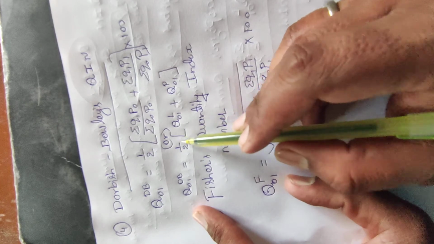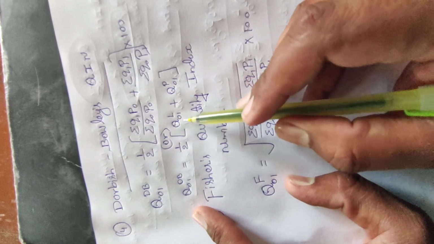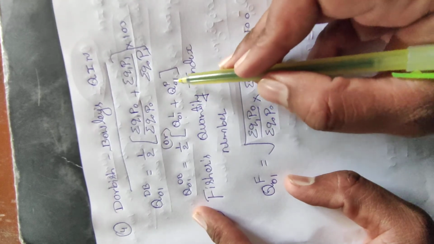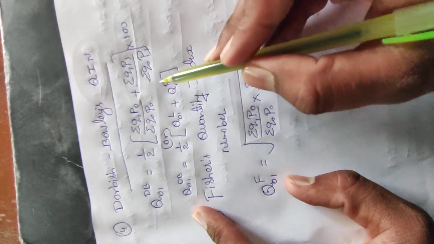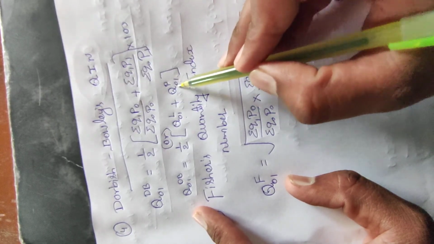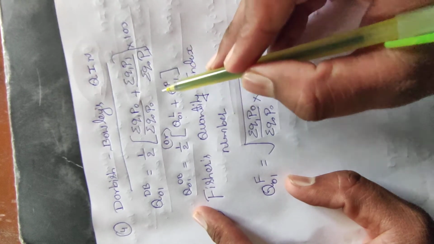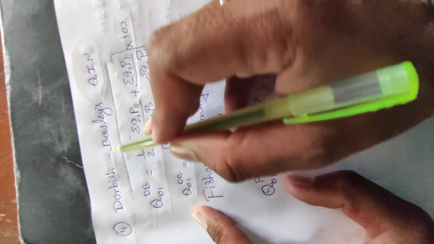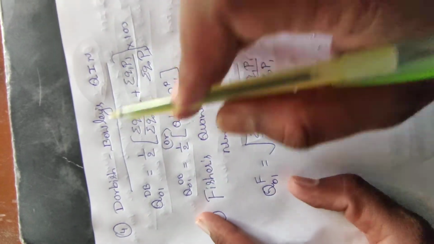This is the shortcut formula for the Drobisch-Bowley quantity index.